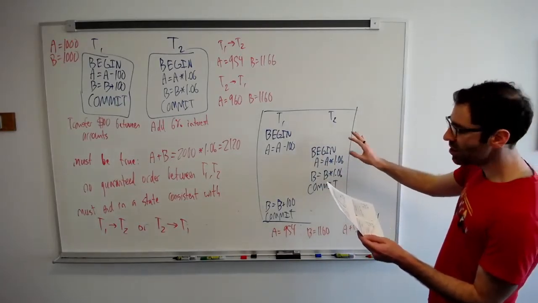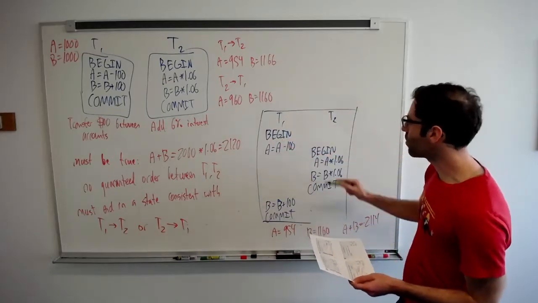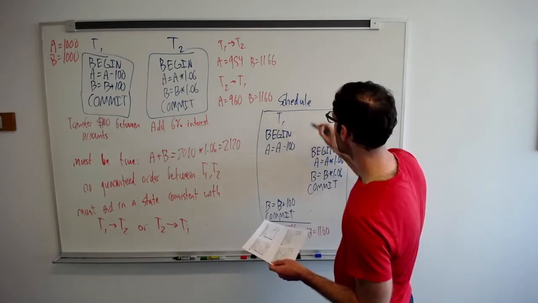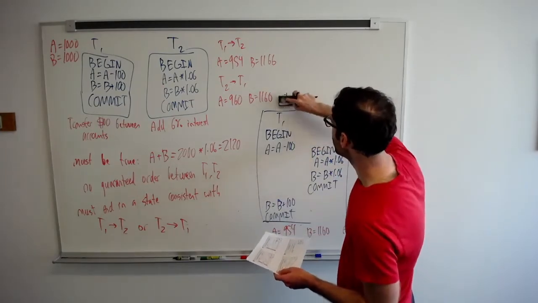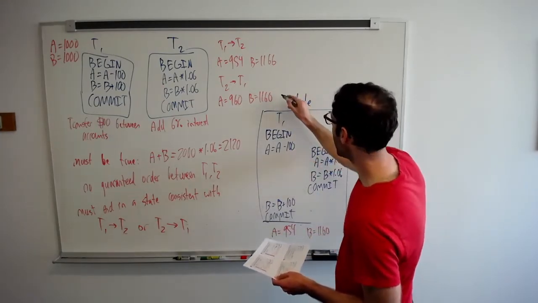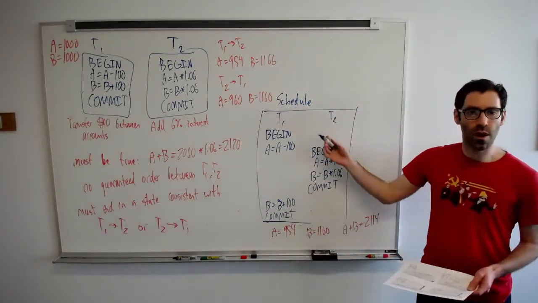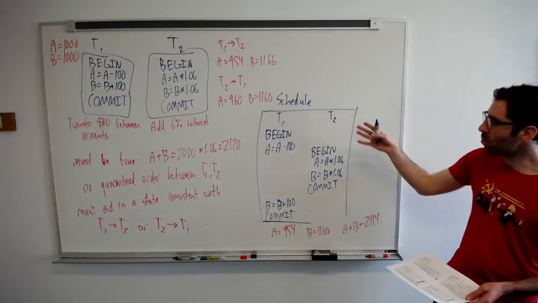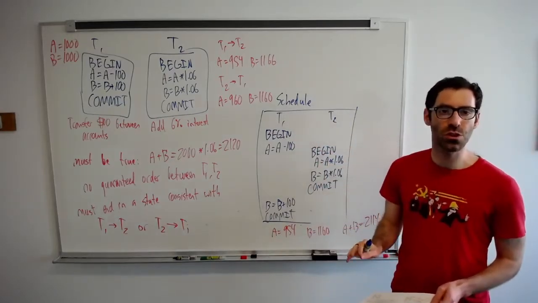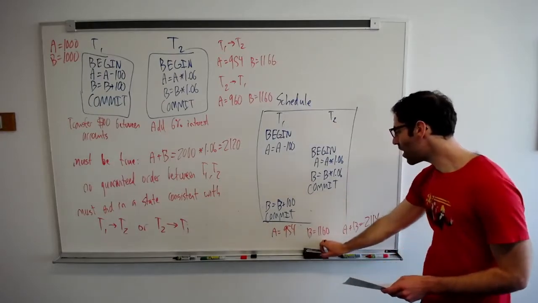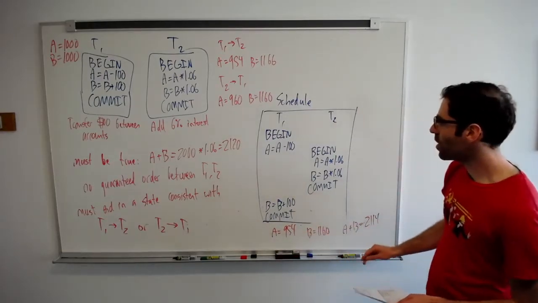And so this is what I've been referring to as the schedule. If we write down this order of operations for what simultaneous transactions will do, that's what we'll call a schedule.